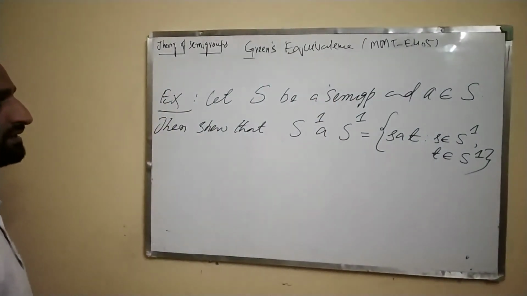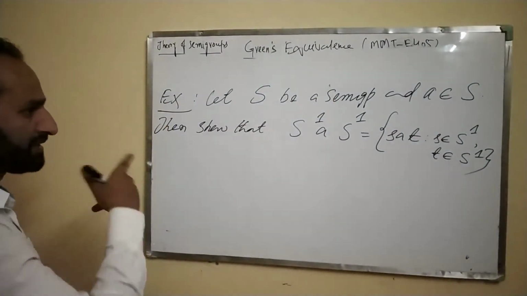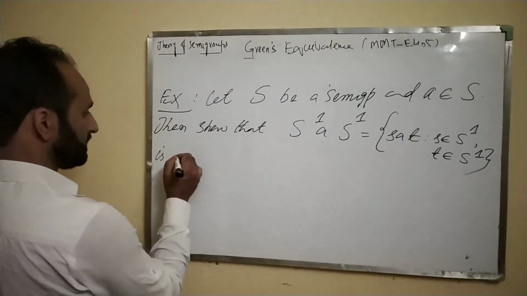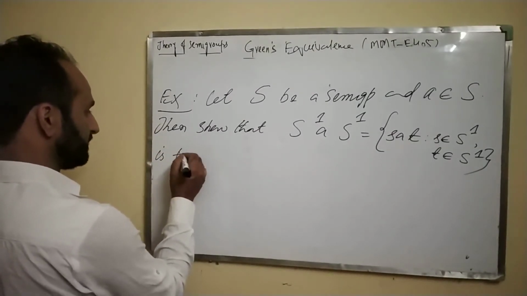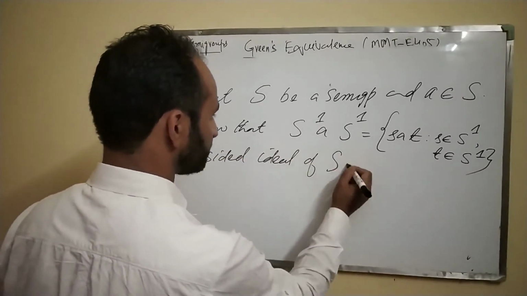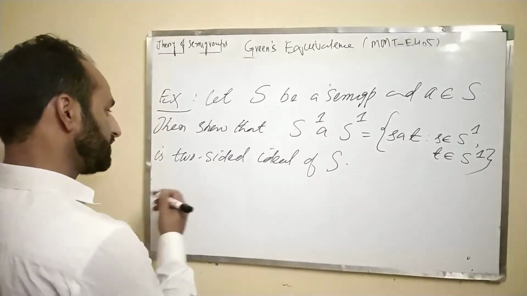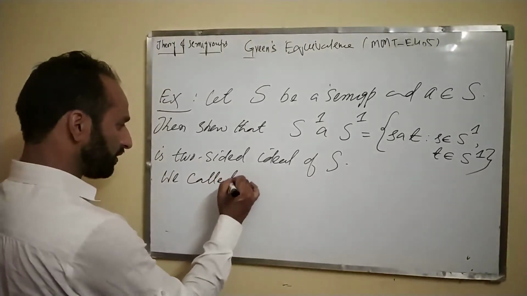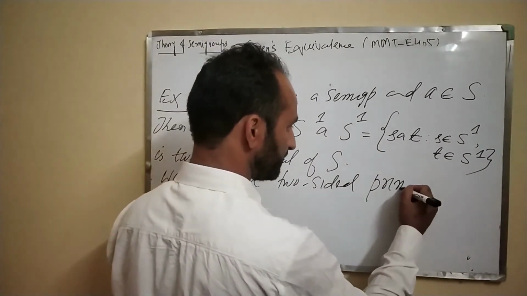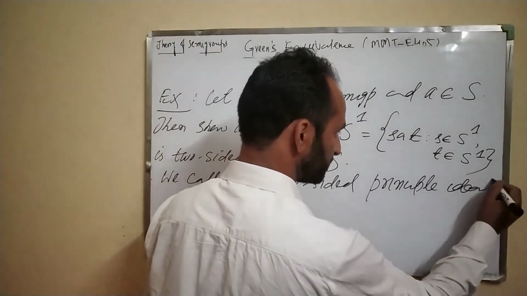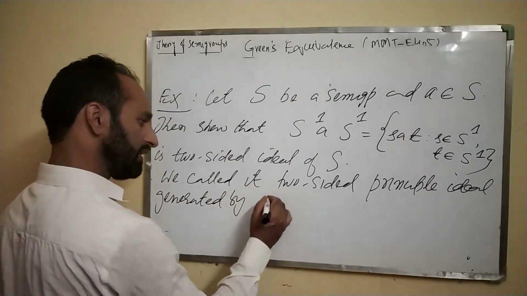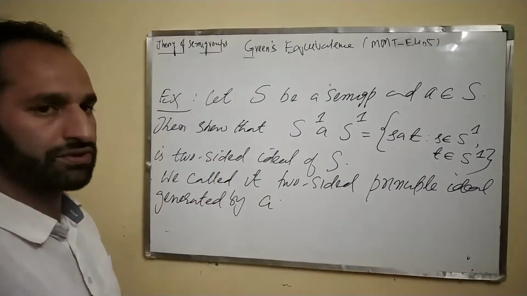Then show that it's a subset of S. Obviously, it's a subset of S. Then show that this one is a two-sided ideal of S, and we call it the two-sided principal ideal generated by A.